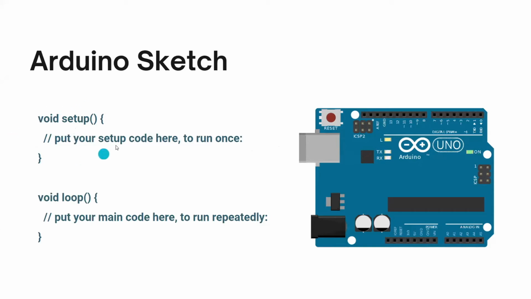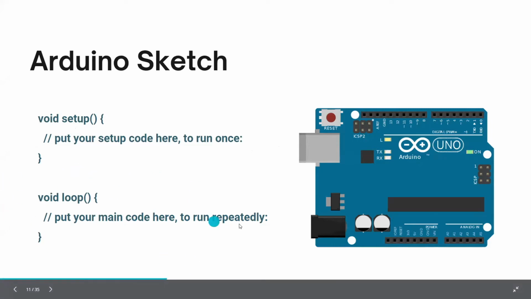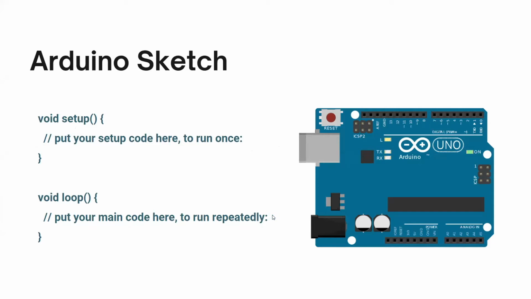In void setup, whatever is written runs only once. As soon as the device gets power, it runs once, until it is powered off and powered on again. But in void loop, whatever code you write runs continuously. Suppose I have written the code for blinking an LED, it will blink until I turn off the power supply of the board. This is the basic architecture of an Arduino Sketch.